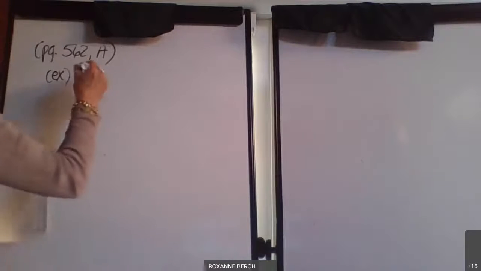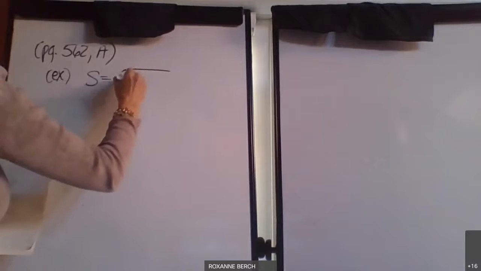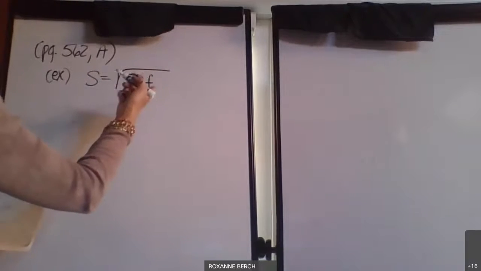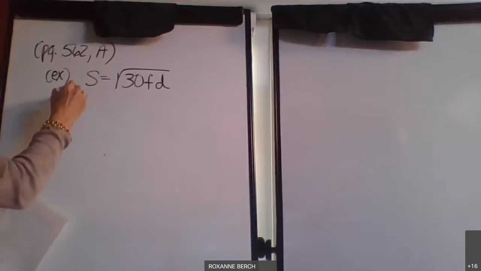All right, so we're going to take the formula, which is the speed equal to the square root of 30 times the friction times the distance, where D is the length of the skid. So we're going to fill in the blanks.